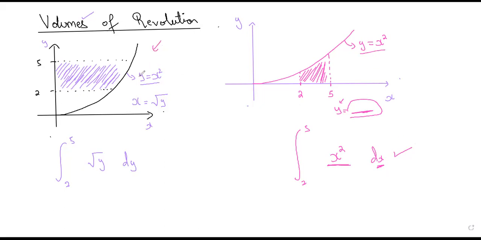But for these cases, when the area is bounded between the y-axis and the curve, you know that you'll write down dy here. And that equation would be in terms of y. Initially, it is not in terms of y, it is in terms of x. In order to find the equation in terms of y, you need to make x the subject, okay?